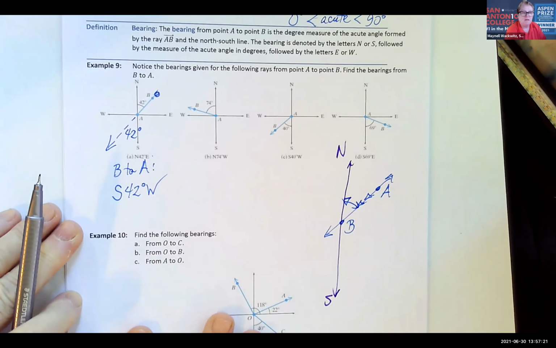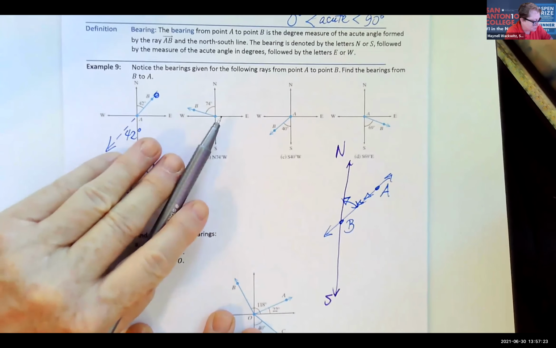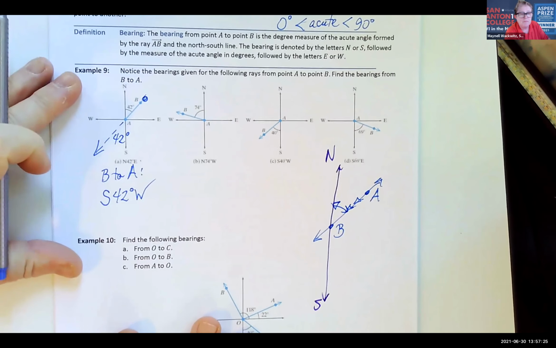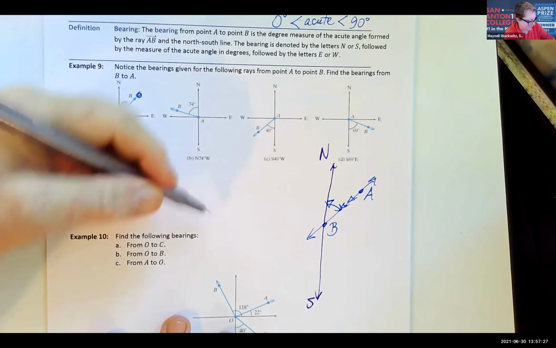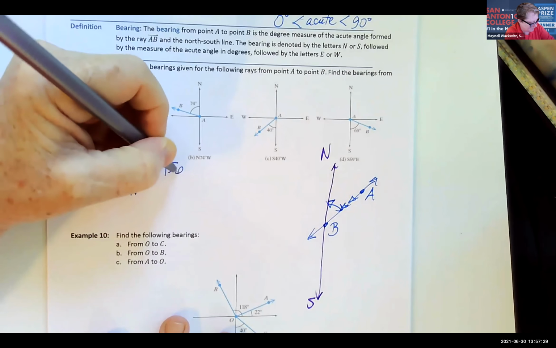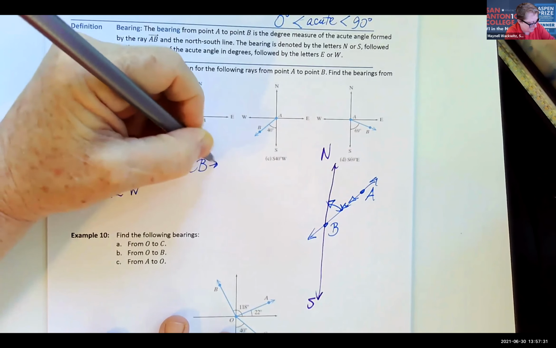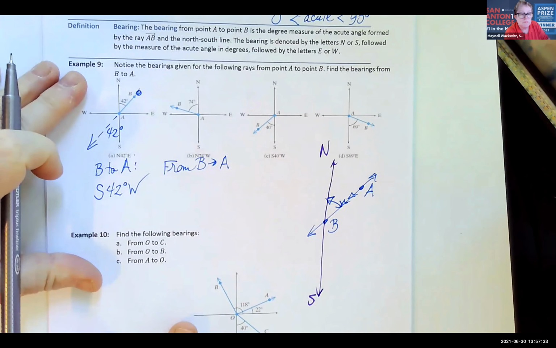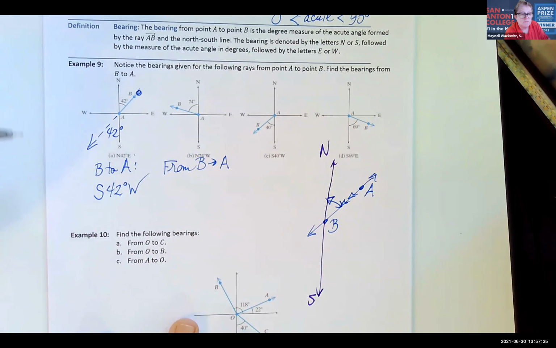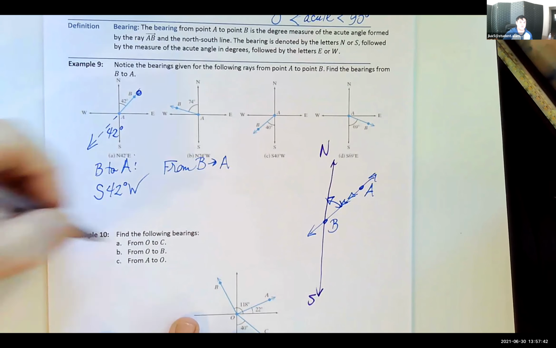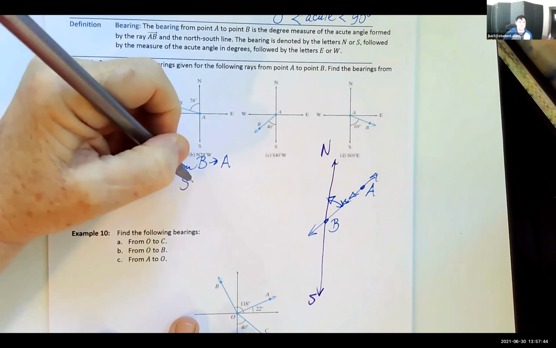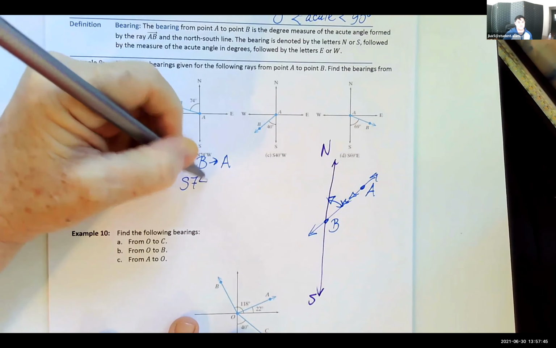So someone tell me from B to A in the second diagram, what is the bearing? Wouldn't it be south 74 degrees east? That's right. Very good.